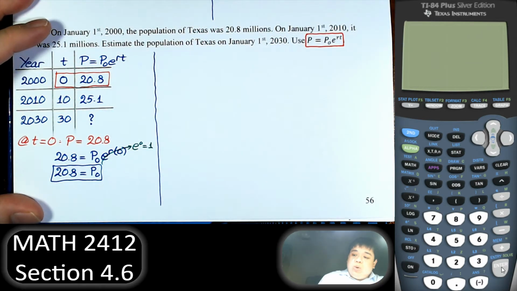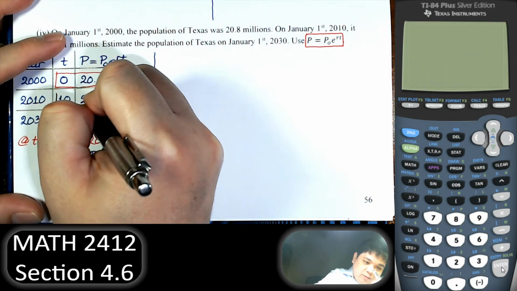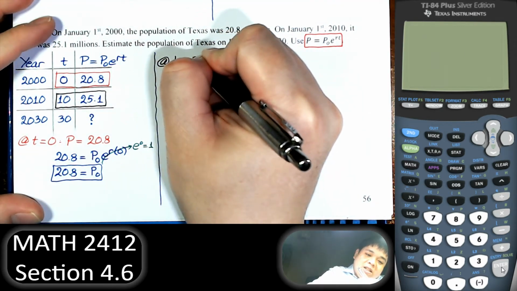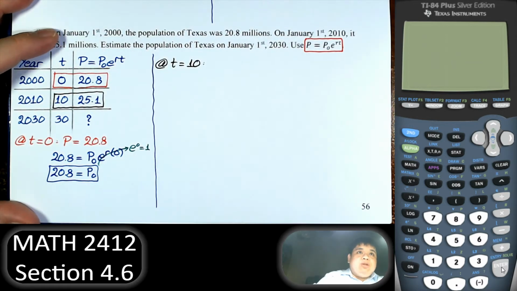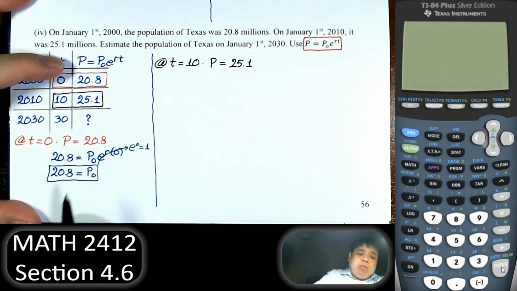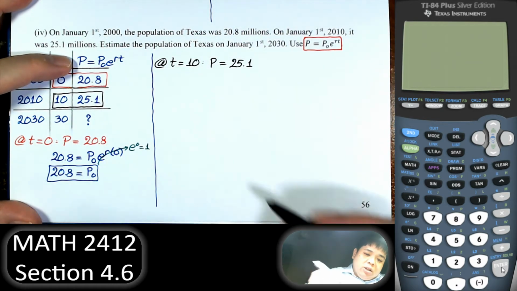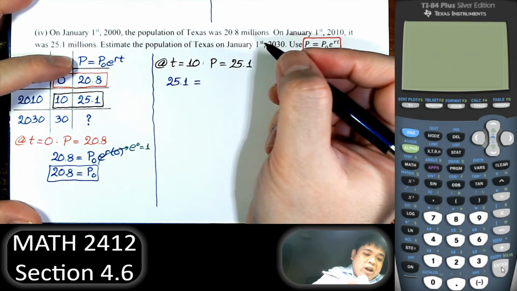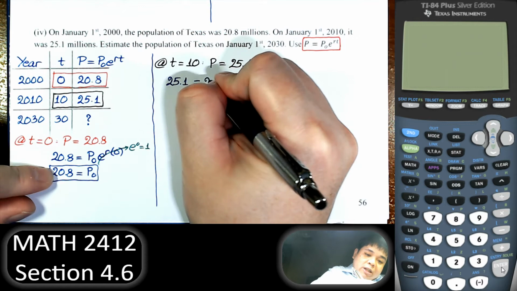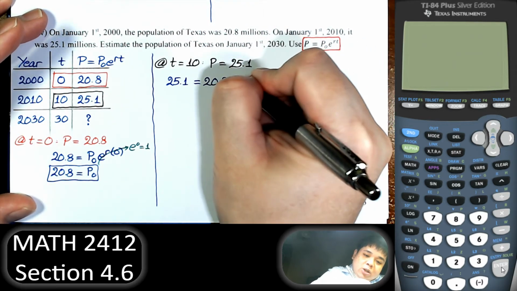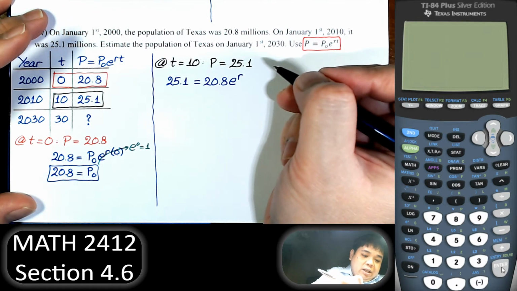Next, go to the second part of the equation. Ten years later, 10 years after 2000, the population is 25.1. Now we put everything we know in this equation. 25.1 for P equal to P naught, 20.8, e to the r, t is 10.